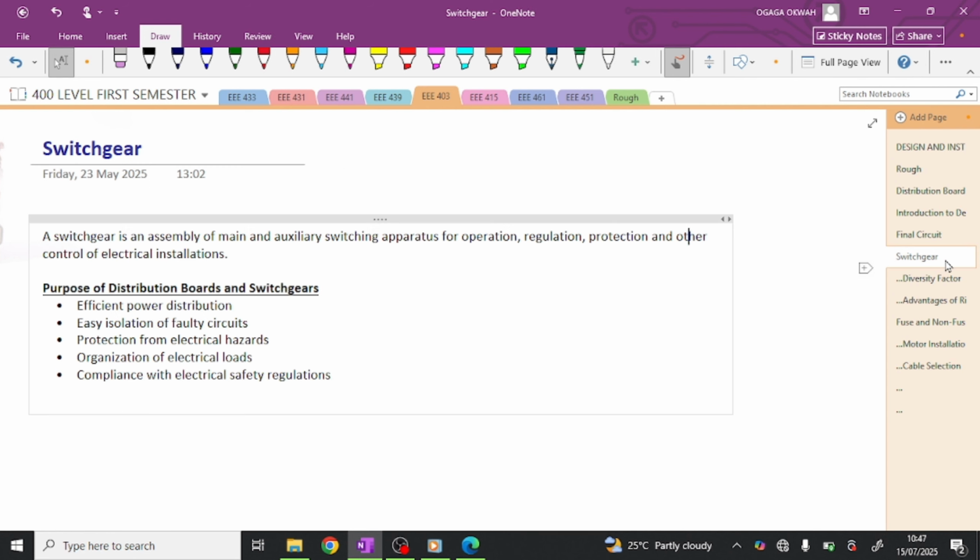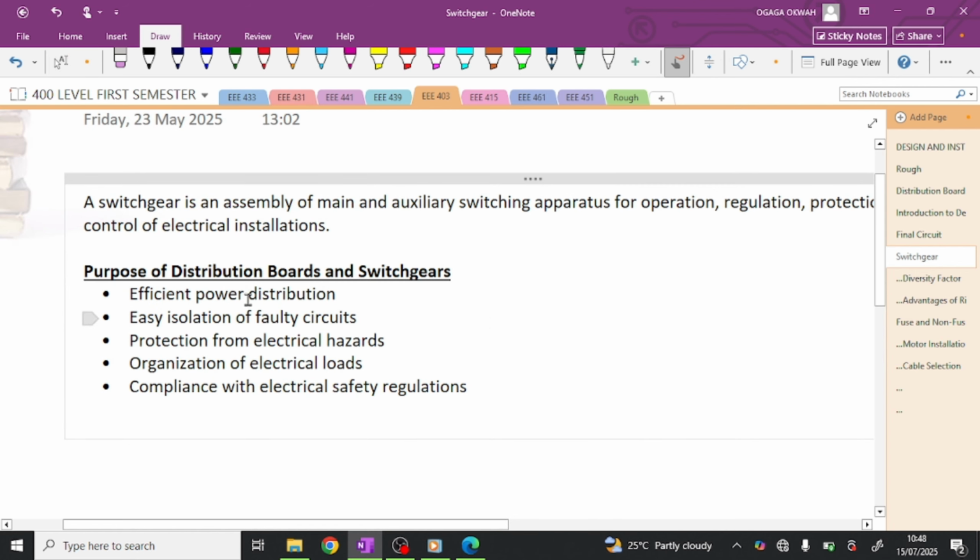So switch gear is for easy isolation of faulty circuits, protection from electrical hazard, and organization of electrical load. Of course, this means that our final circuit is also part of the switch gear.